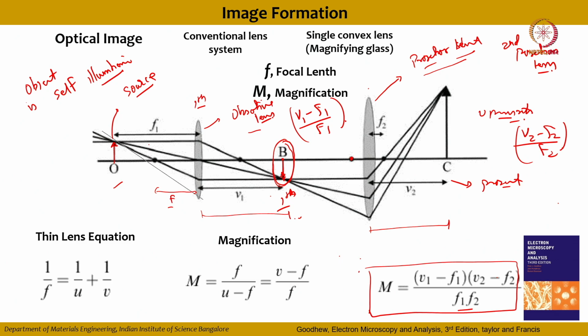Okay, so what is the assumption? The object is acting as a source where the rays are starting from the object and it ends at the screen where the final image is projected. So here the illumination is very important as a source.